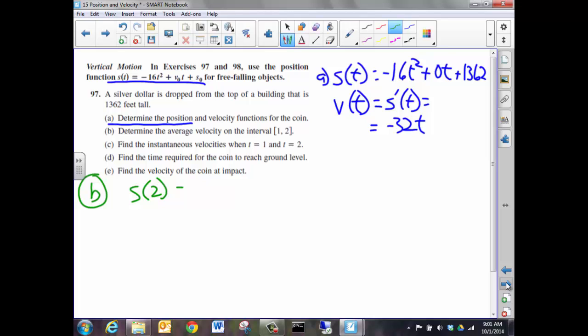We'll subtract, very good, divided by the time difference, so that's 1. How does Sutton know to use that formula? What words cue him to do that? We got 5 different problems here. Average. The average velocity. Average tells us we don't need calculus. You don't need calculus to find an average.